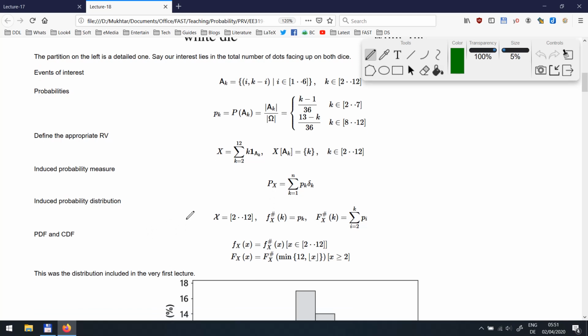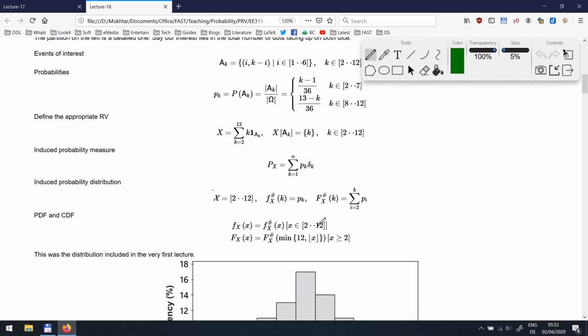Now the probability distribution can be easily written down. The support set is, of course, elements from 2 up to 12. This strictly defined PDF is simply, at each k you have those p_k's. So you see there is nothing fancy. And for the distribution, you just add all the previous values, starting from 2, remember.